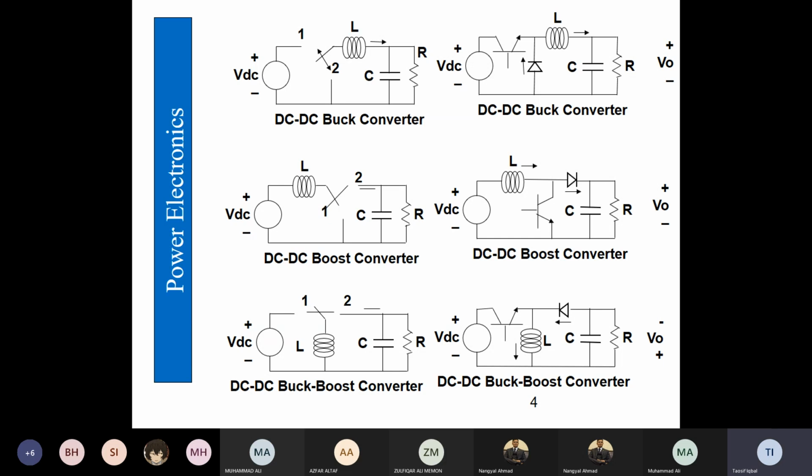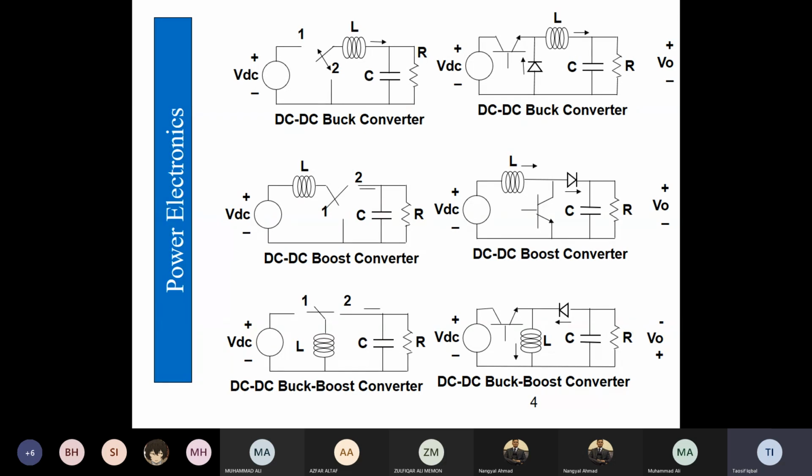So these are the three basic types. There are a lot of other types as well, which basically use the same working as these basic ones, but the difference could be their count of energy storage components, mostly in most of the cases, like inductor could be used twice instead of one, or capacitor could be used twice.